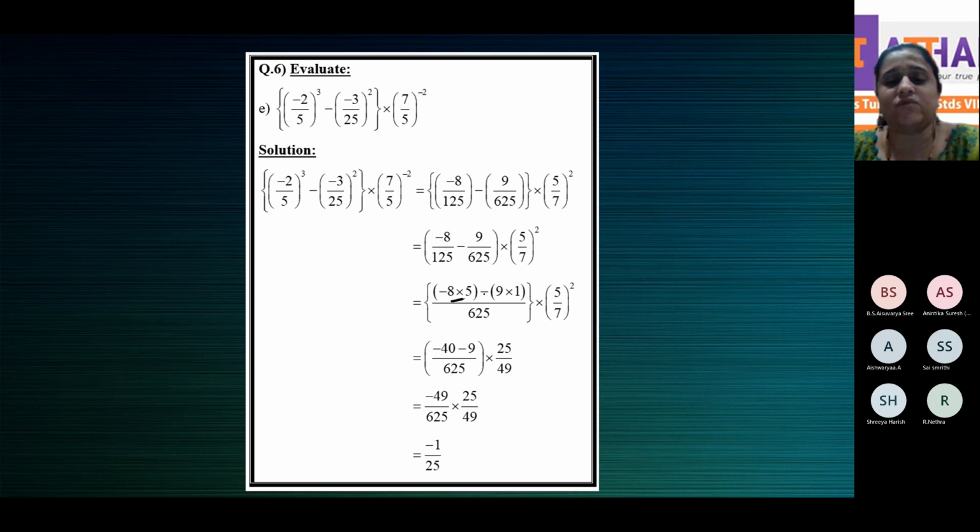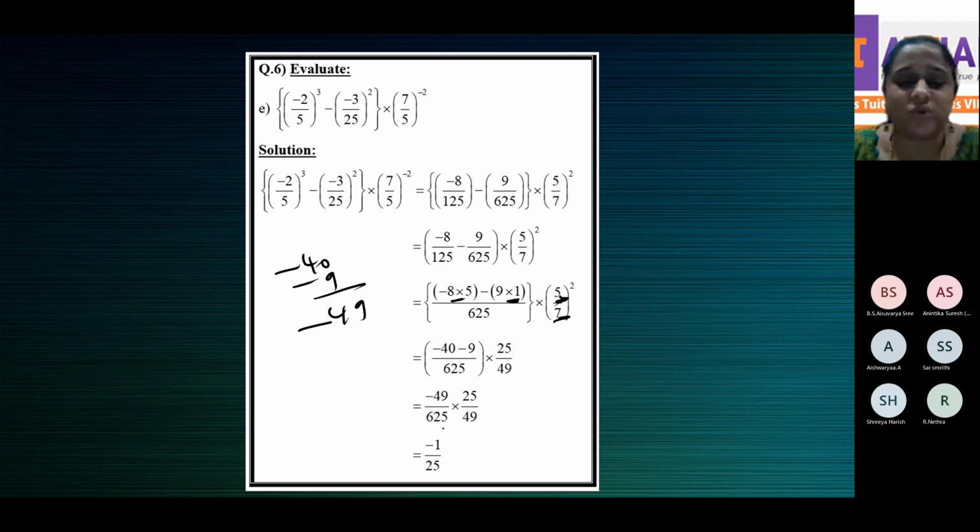So it becomes minus 40 minus 9 by 625 into 25 by 49. Minus 40 minus 9, same signs, add and put the same sign. Minus 49 by 625 into 25 by 49.